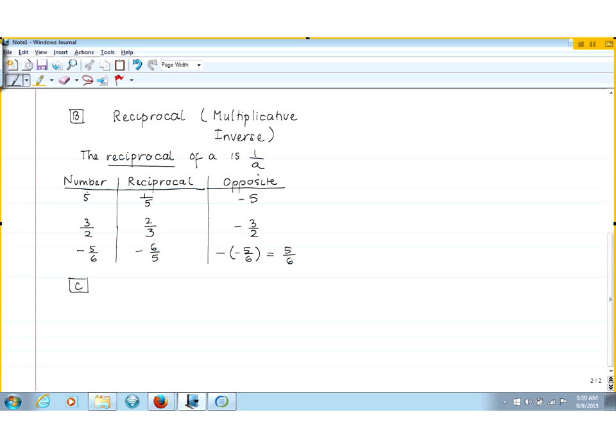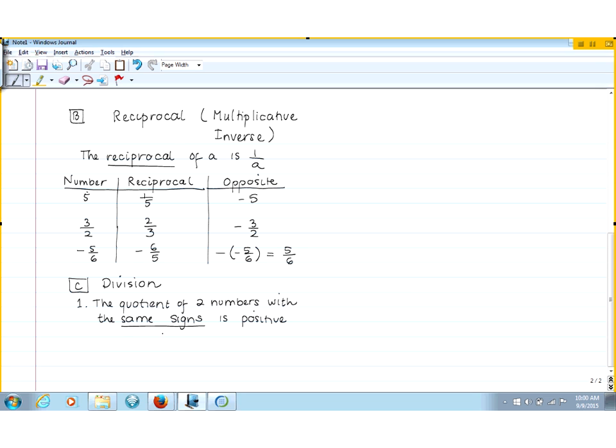Now let's talk about division. Well, you guys know what it is. So the quotient of two numbers with the same sign is positive.